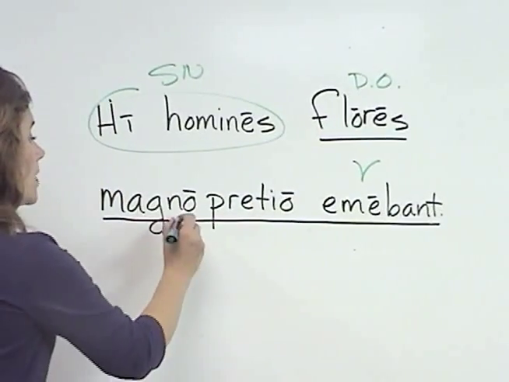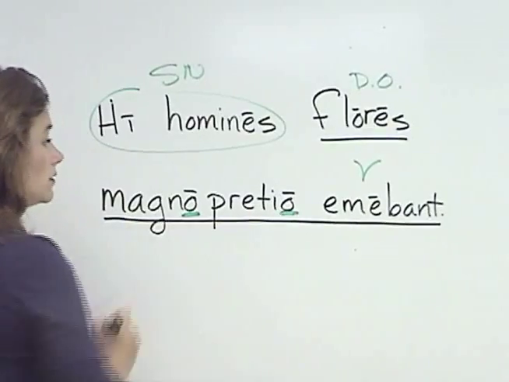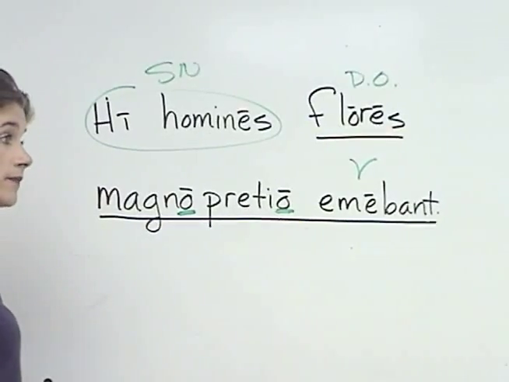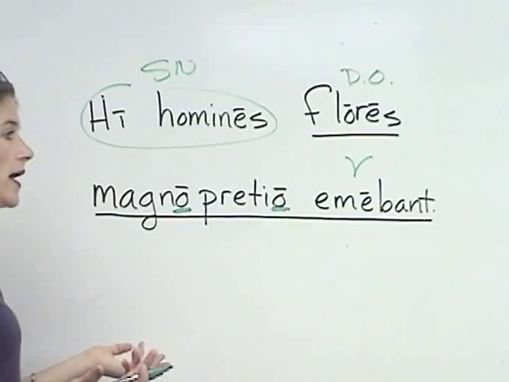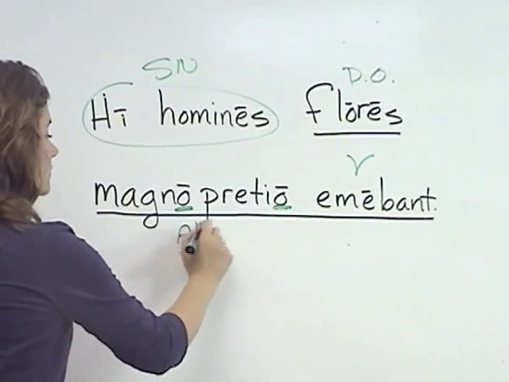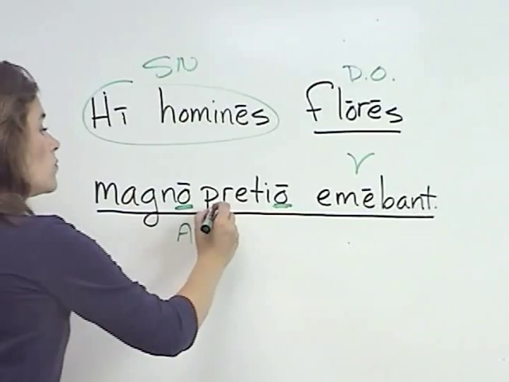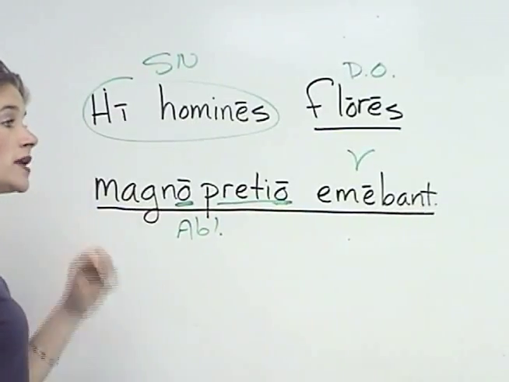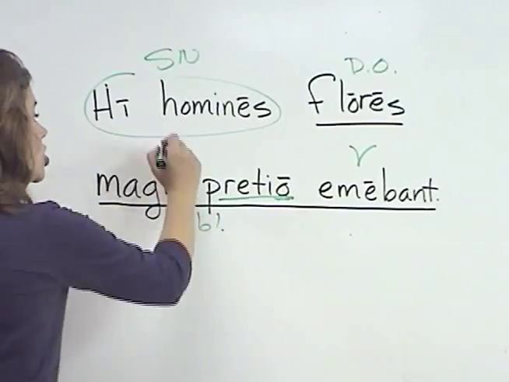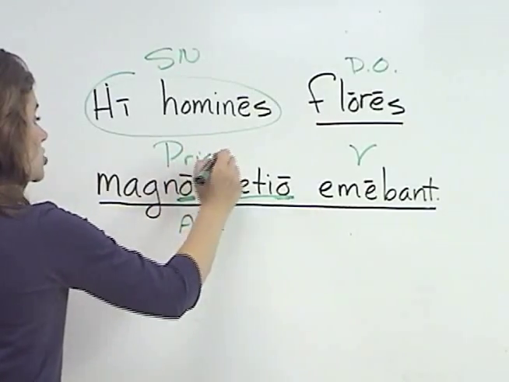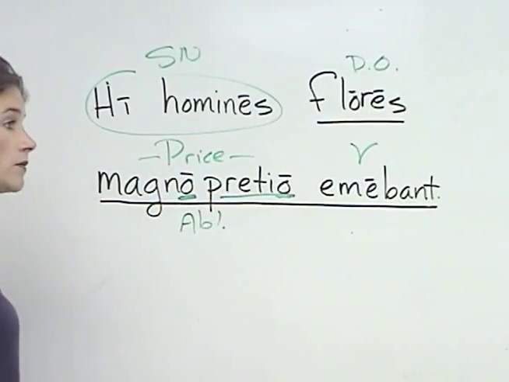And then I have magno pretio. Notice the endings here. What case is that going to be? In light of everything we've talked about, ablative. Okay? What kind of an ablative expression are we looking at? When you see a word like this, pretio, which comes from pretium, pretii, meaning price, you know we're talking about a price expression. So I would just label this price up here, right?